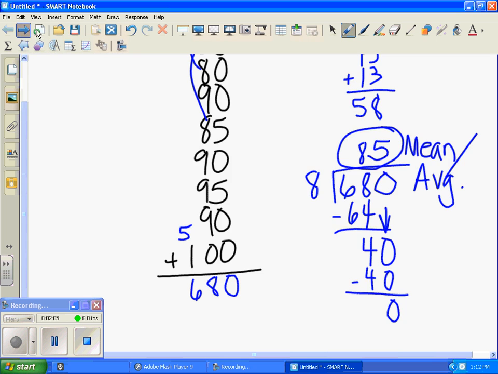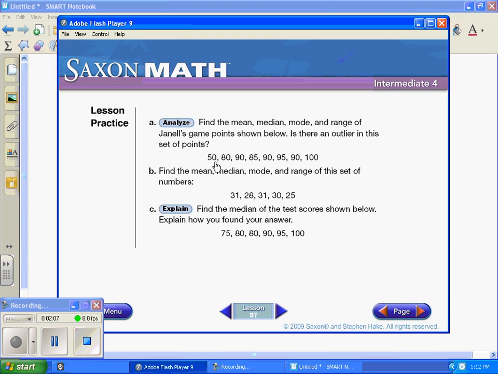Now on the next part, we have to be careful. We have to put them in order from least to greatest, okay? So I've got a 50, I've got 180, I've got 3 90s, okay? I've got 185, so 50, 80, 85.